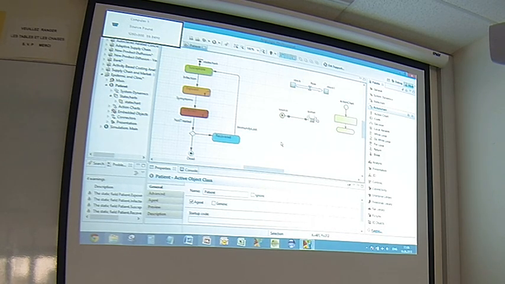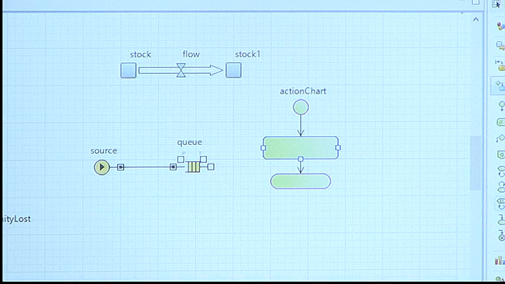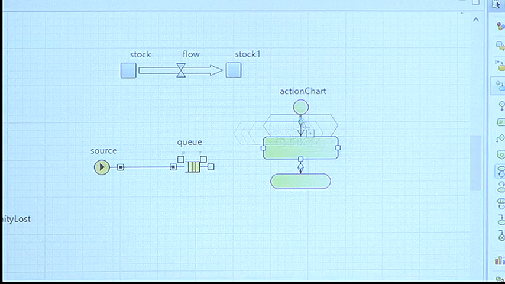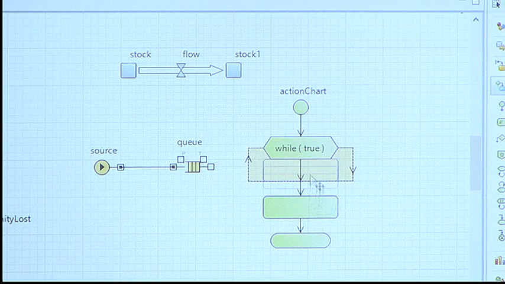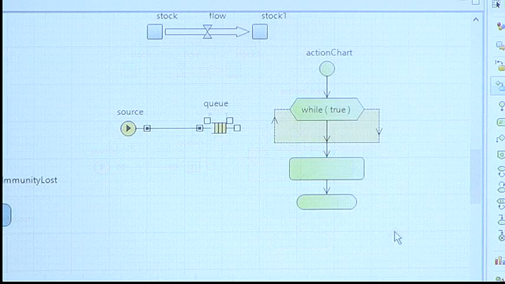It could be an action chart with, I don't know, while loops, etc. Many different ways, including Java. You can do it in Java. So that is what you can put inside agents.